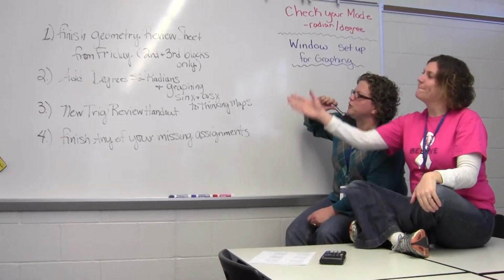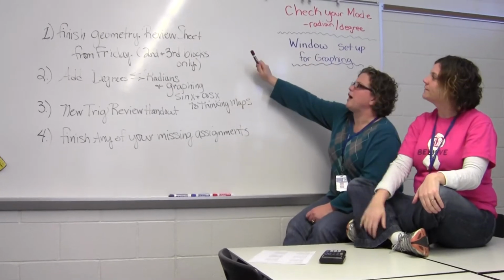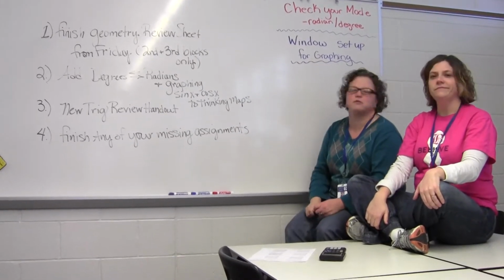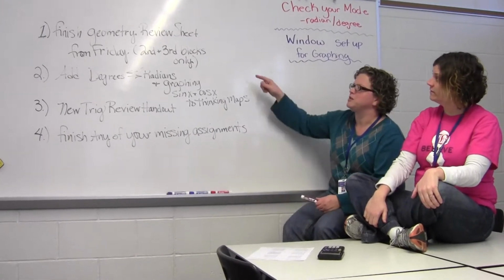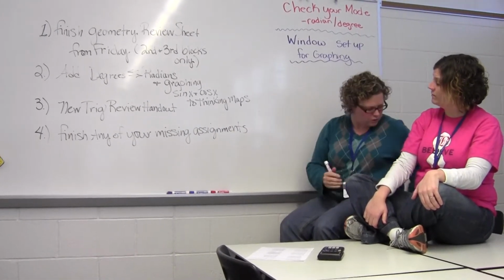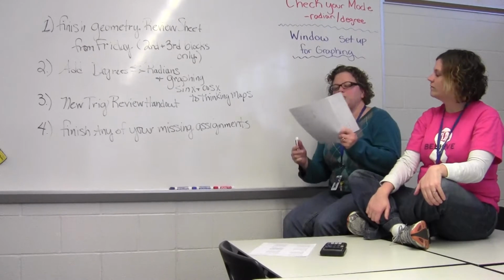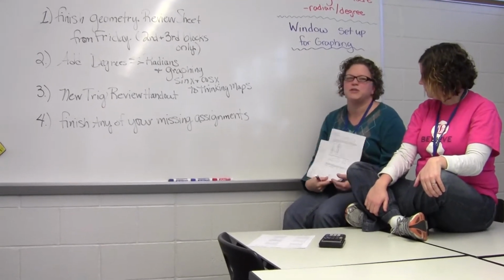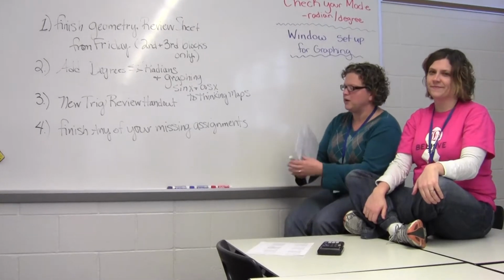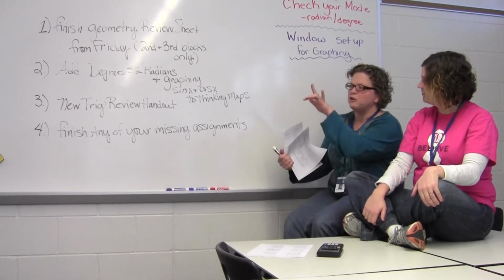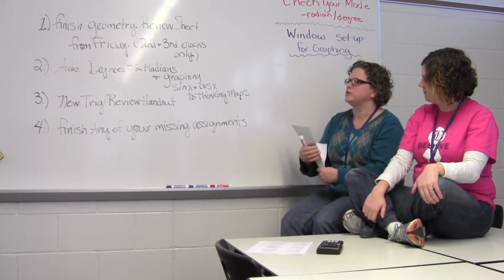Today, what we would like for you to do, my second and third blocks, you need to finish your geometry review worksheet from Friday. First hour didn't have that because we had some printing problems, but second and third, you have that review worksheet. If you were not here on Friday, you missed our quiz, you'll have to make that quiz up maybe tomorrow. But you can go ahead and get this worksheet, it's 2 pages, from your substitute teachers today.